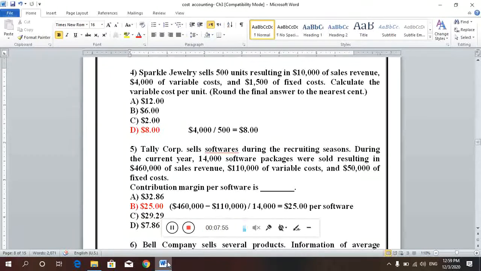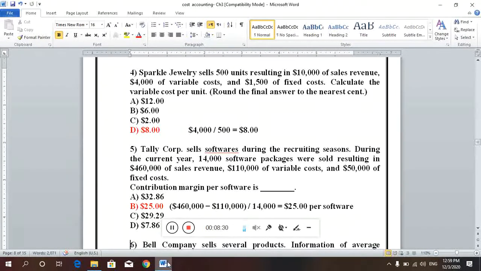So the solution here will be in 2 steps. We need to compute the total contribution margin because he gave me the amounts in total. The total contribution margin equals total sales revenue minus total variable costs, which is $460,000 minus $110,000, equal to $350,000.